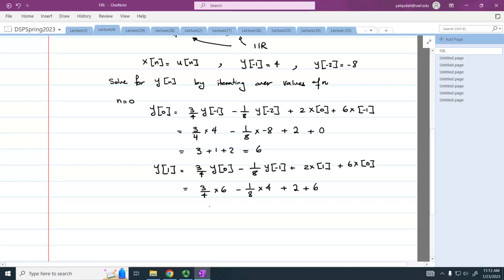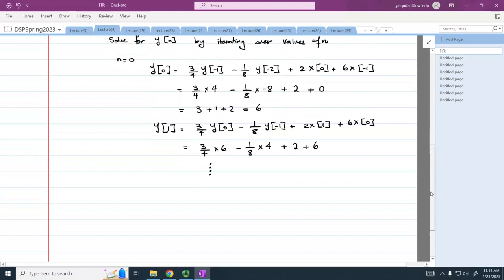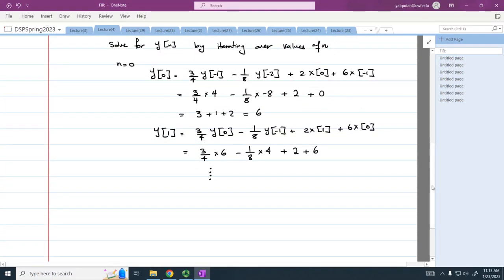And we can iterate till whatever index we want to calculate the output. What is another method that we can use to calculate the output?